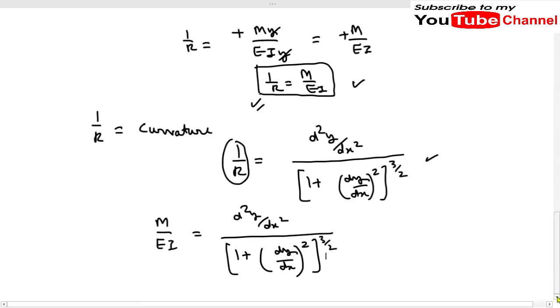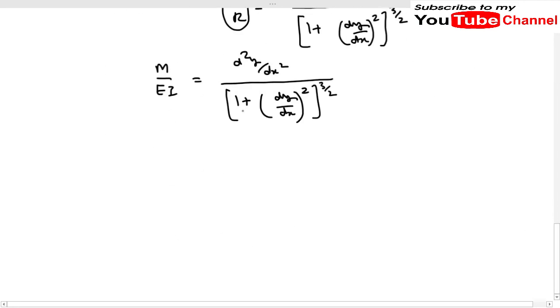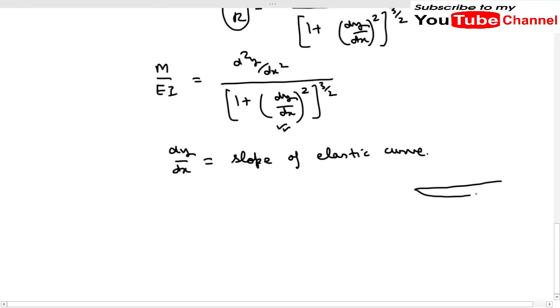From here, one important term is this dy by dx, which is the slope of the elastic curve. Now in general the deflection, or you can say this is the undeflected shape, and this is, let us draw it again.